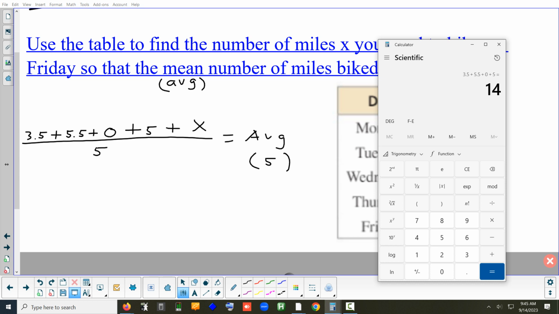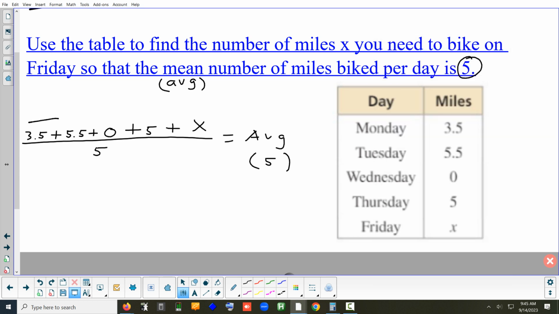That gives me 14 when I add up everything in that box. So 14 plus x, divided by 5, and we want the average to come out to 5. I really should make that a different number so there aren't too many 5s in this problem.